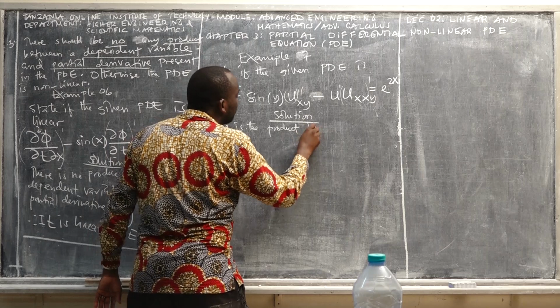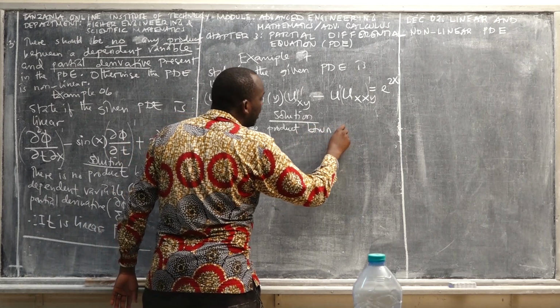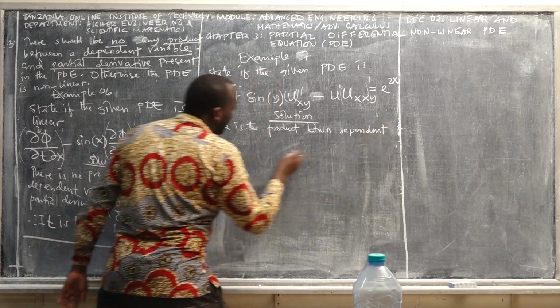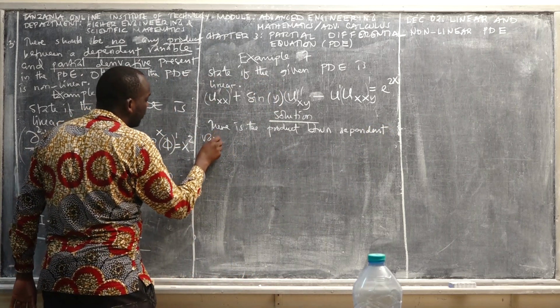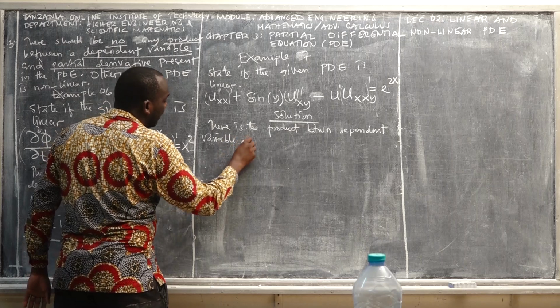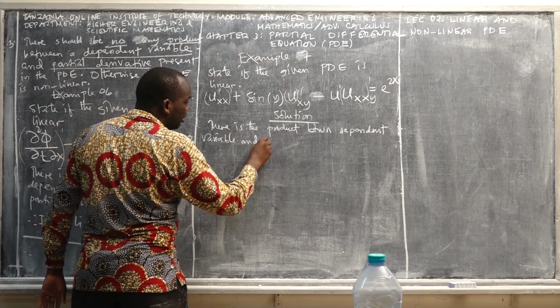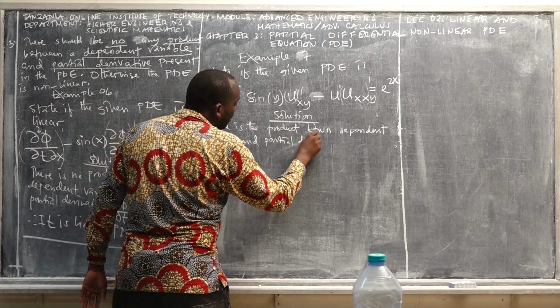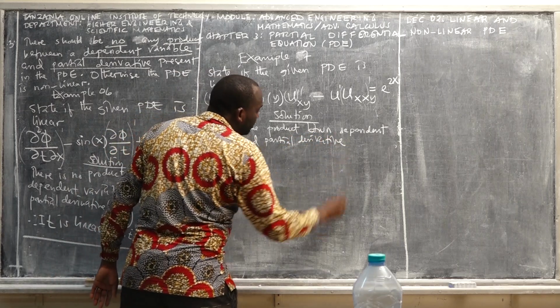Right? So there is a product between the dependent variable and a partial derivative.